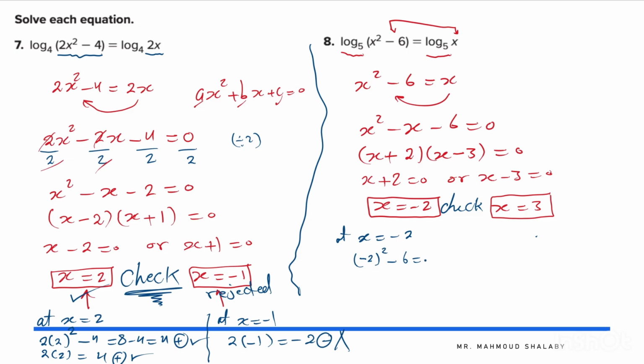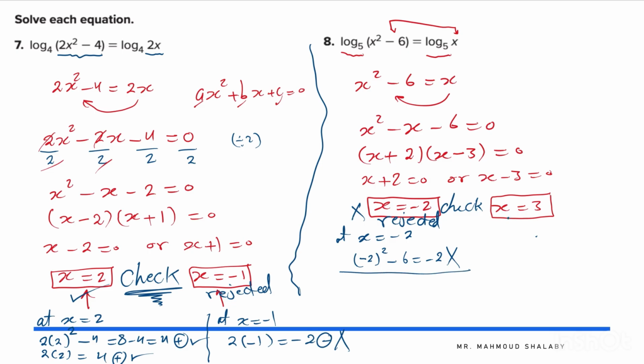Negative 2 squared is a positive 4, so when you use your calculator to simplify this, the answer will be negative 2, which means this will be rejected. Do I have to check the other side? The answer is no. So directly I will write here, this is a rejected solution. I will not use it, or I put a cross, which means it's a rejected solution.